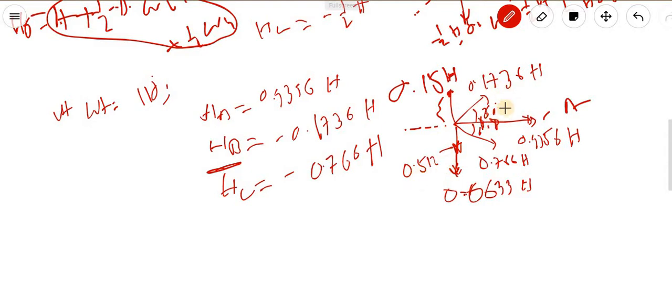For this one a component will be there, and for this another component will be there. So in this direction 3 components will be there, and we can simply add them up.